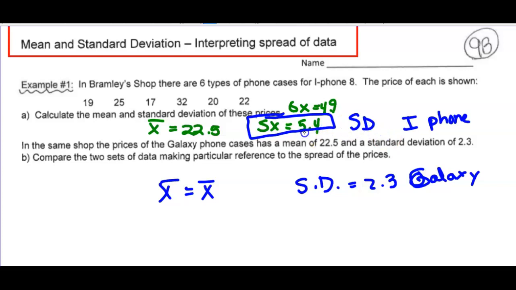So it says compare the two sets of data making particular references to the spread of the prices. So what they want us to write here, and I'm actually going to type because it'll look so much nicer.